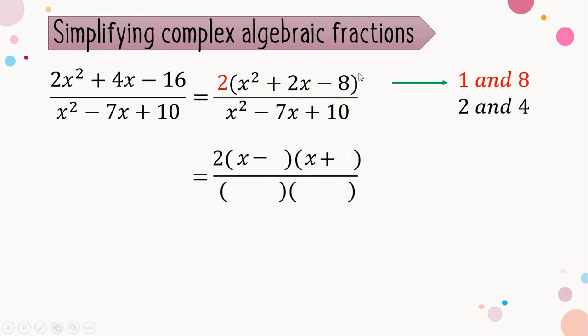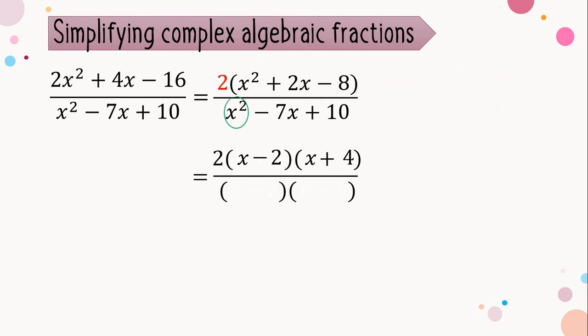But the numbers that can form 2x are 2 and 4. One of them must be negative, one must be positive. Which one positive, which one negative? Look at the middle. This is positive, so the positive number must be bigger. So 2, I will write on the negative one, x minus 2, and then 4, I will write on the positive one, x plus 4.